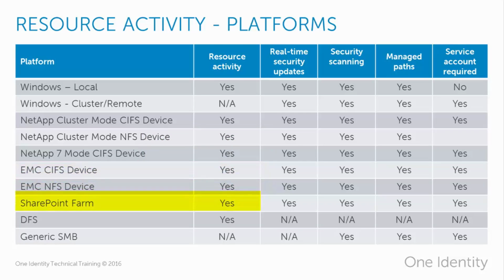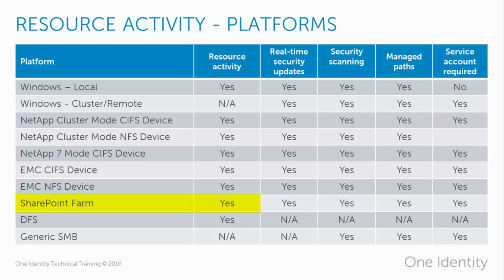For your SharePoint farm, SharePoint 2010 or SharePoint 2013, as long as you have activity enabled by default on SharePoint, so DGE doesn't just monitor, it actually requires SharePoint to be collecting those audit events natively, and then DGE will be able to read from those SharePoint APIs, from that SharePoint database.